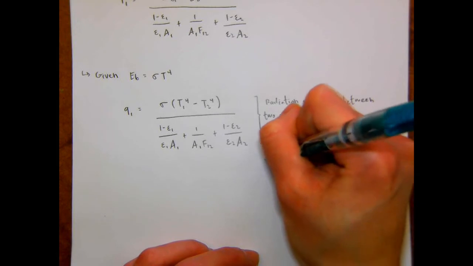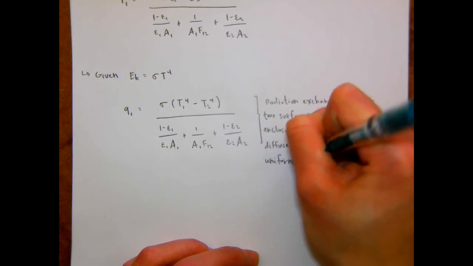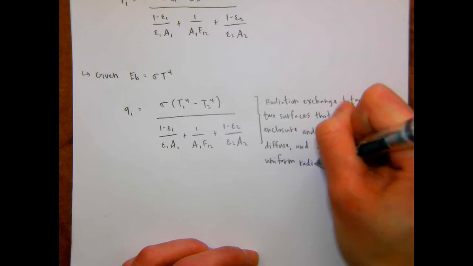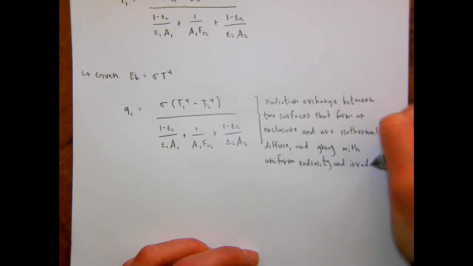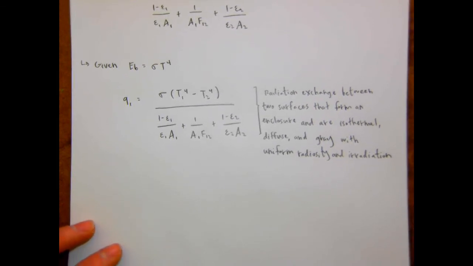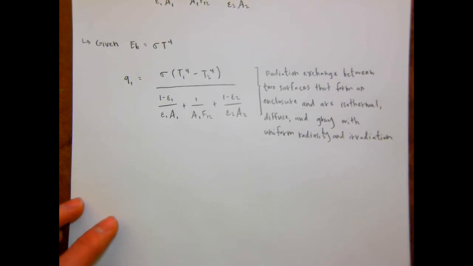And then the last requirement, with uniform radiosity and irradiation. And lots of surfaces at least approximately meet this criteria. Okay, does that make sense, how we got there?